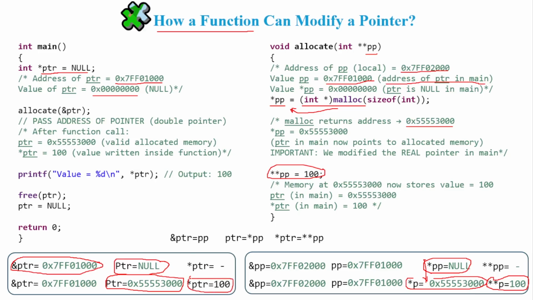When main prints the value, it reads from the same memory address 55553000, confirming that the update performed inside the function is now visible outside the function as well.